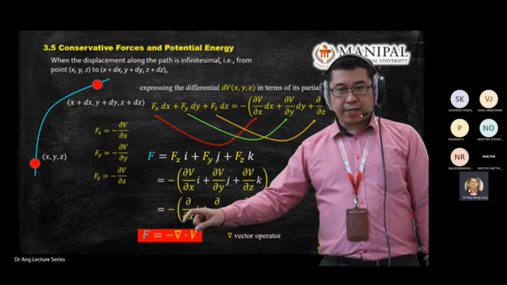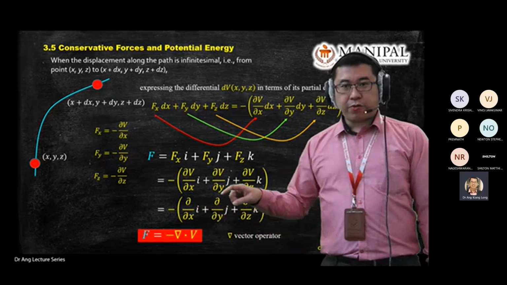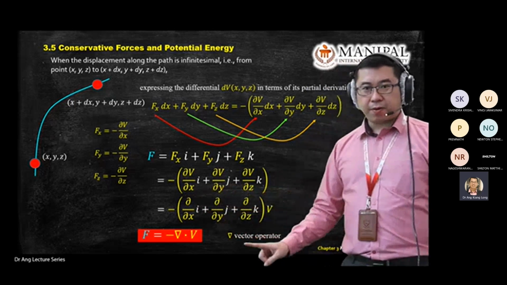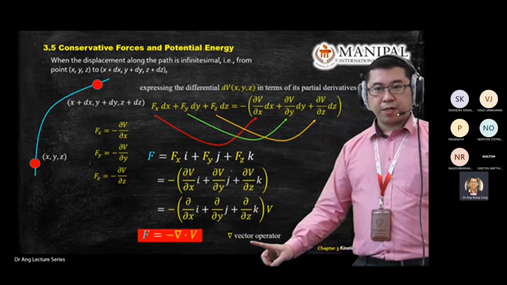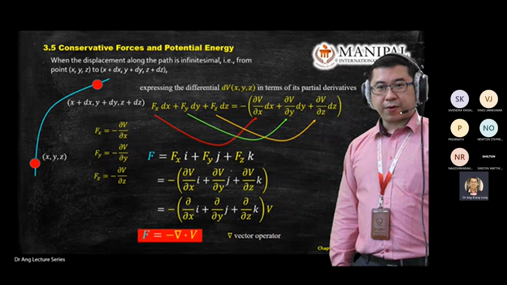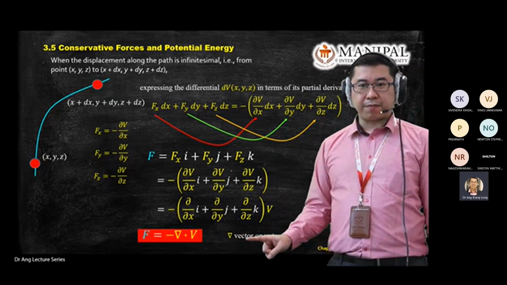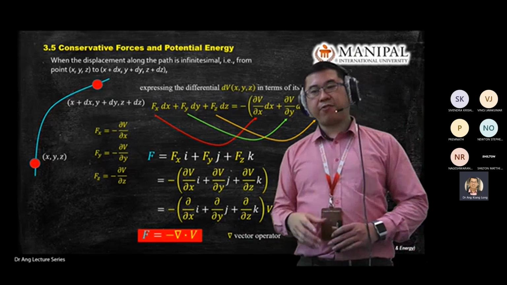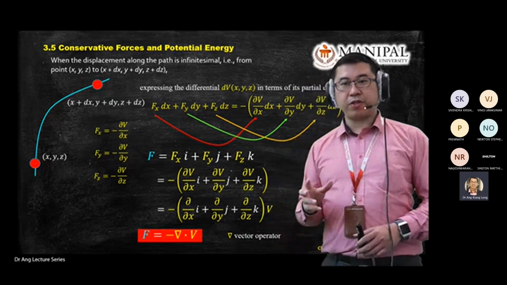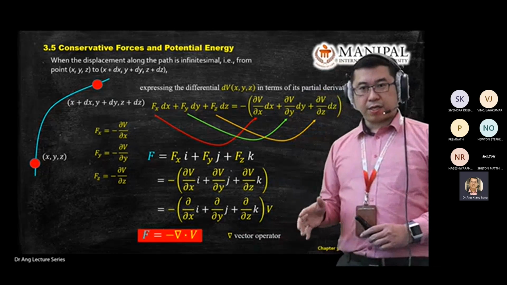Because later we will not repeat writing this one anymore, but we will straight away use this inverted triangle symbol in our calculation. Right? It means vector operator. There's also one very famous equation called the Navier-Stokes equation.